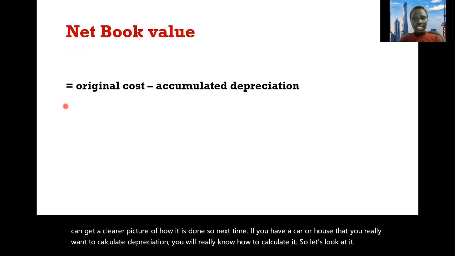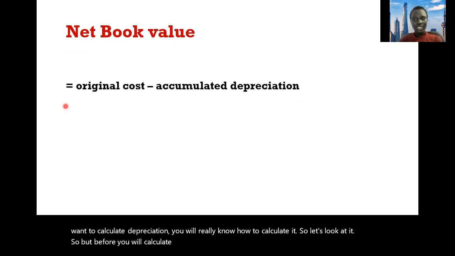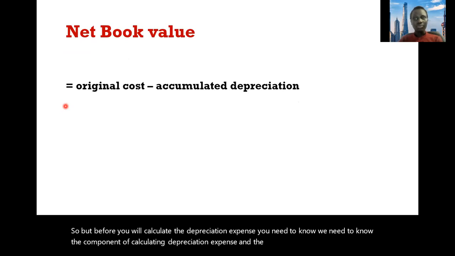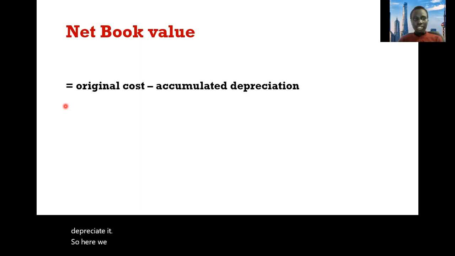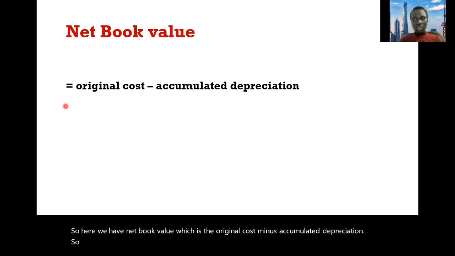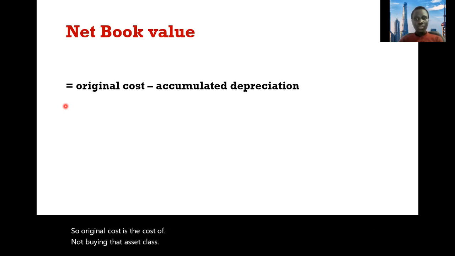Before you calculate the depreciation expense, you need to know the components of calculating it, and the main one is net book value. How do you find net book value? Later on, you will look at the rate at which you will depreciate it. Net book value is the original cost minus accumulated depreciation. Original cost is the cost of buying that asset plus all the expenses that you put in to prepare that asset.